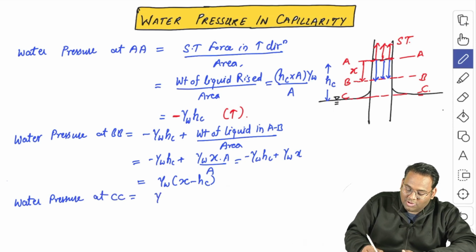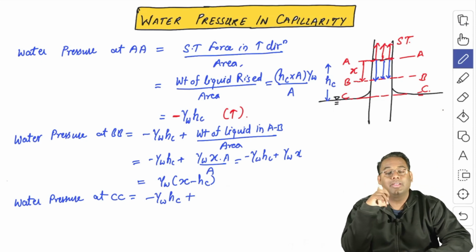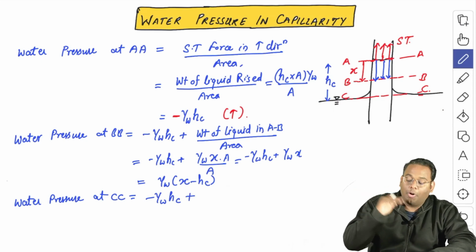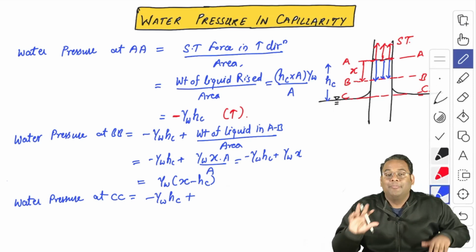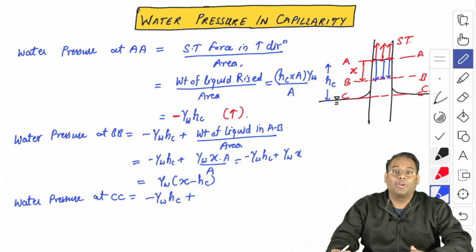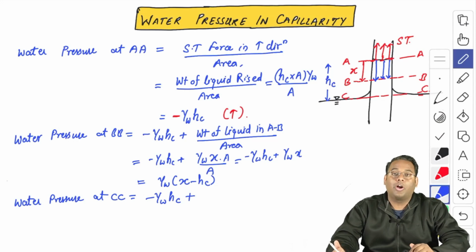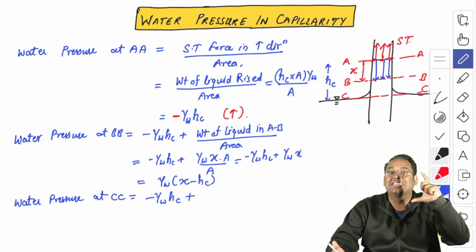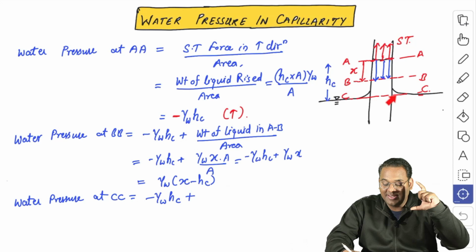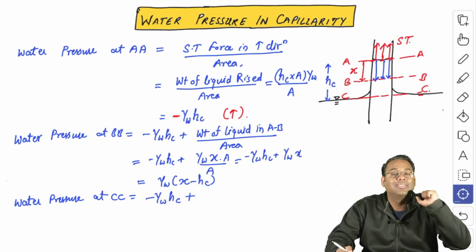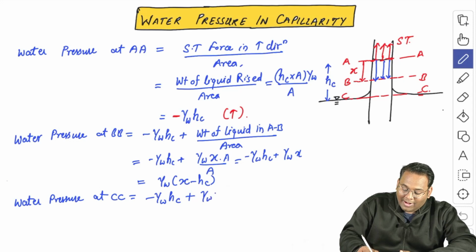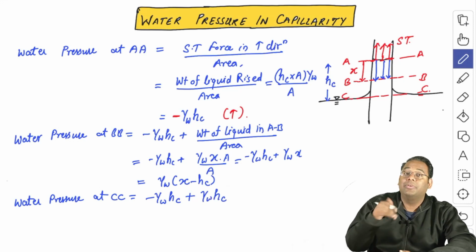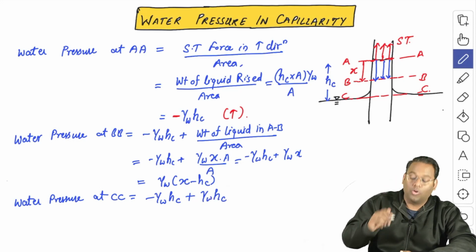So that will be equal to u_c minus gamma_w into h_c, which is already acting at the top in the upward direction. But when I observe the level CC, above CC you can see there is some weight of water column, and the height of the water column above CC is h_c. So here gamma_w into h_c will be the water pressure in the downward direction.